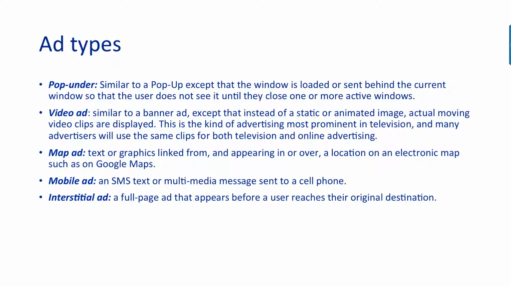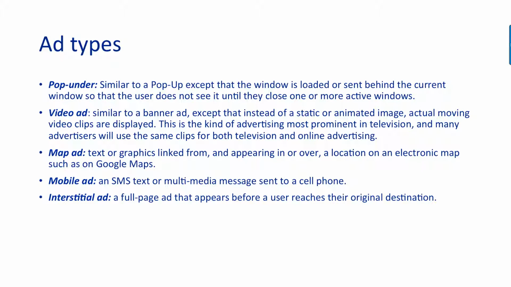A video ad is similar to a banner ad, except obviously it is replacing the static image with moving video clips. A map ad is a text or graphic ad that appears on or over a location, such as in Google Maps. A mobile ad is an SMS text or multimedia message that's sent out through your phone.